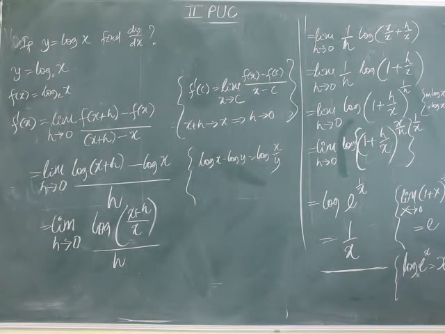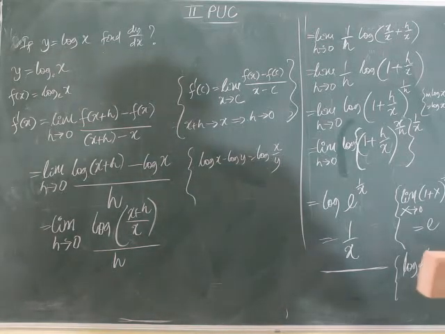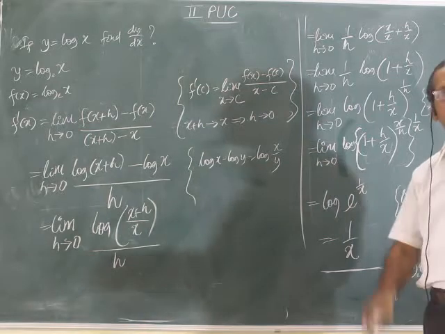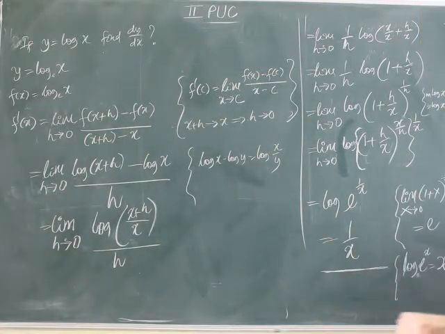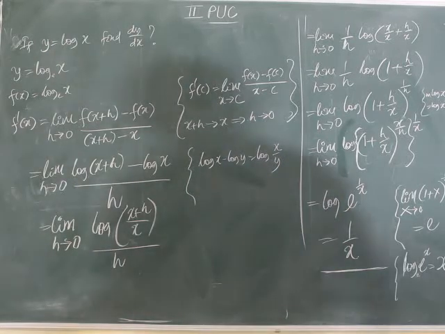Derivation is over. Therefore, the derivative of log x hereafter is 1 by x, remember. Write the derivation correctly.